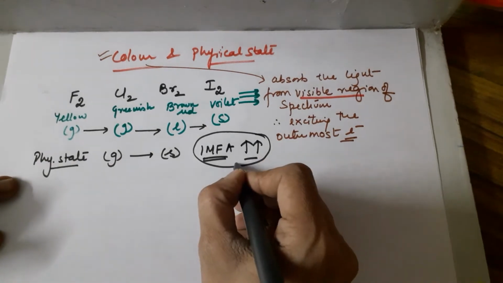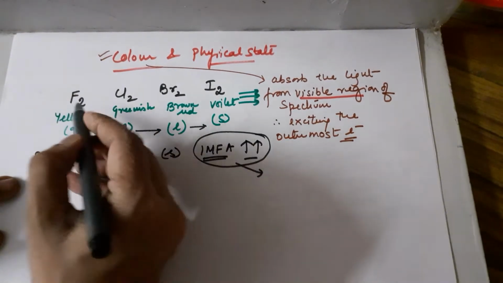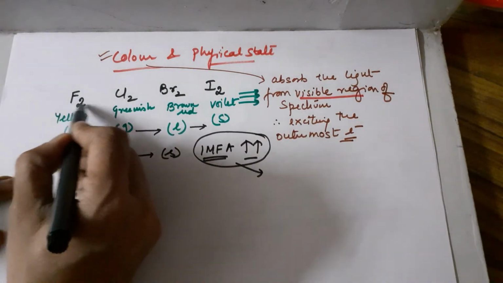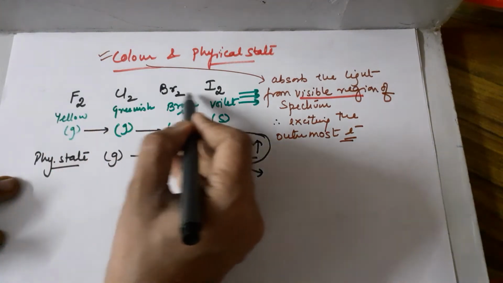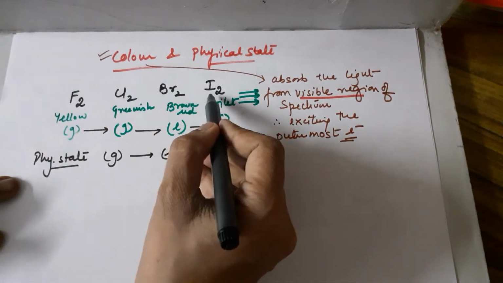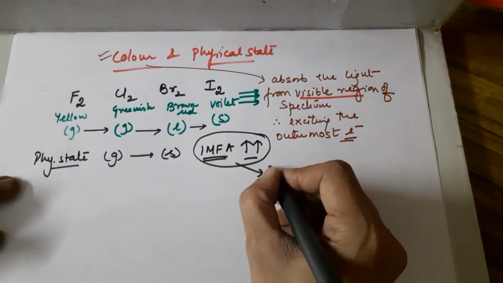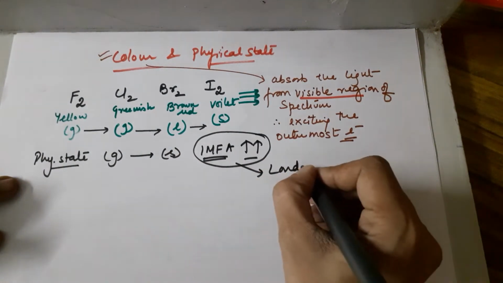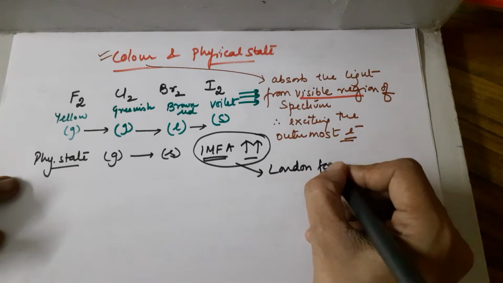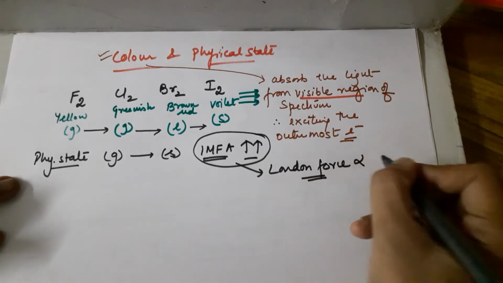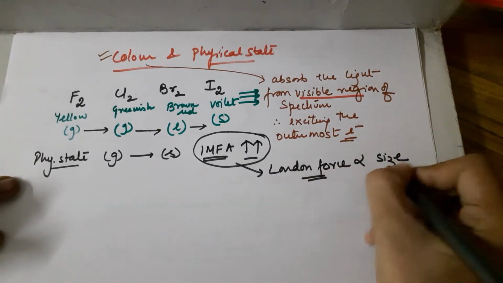In these molecules, there is no electronegativity difference between the two atoms. As I go across from F2 to Cl2 to Br2 to I2, the size is increasing. So the intermolecular force of attraction has to be the London force of attraction, which is directly proportional to the size.